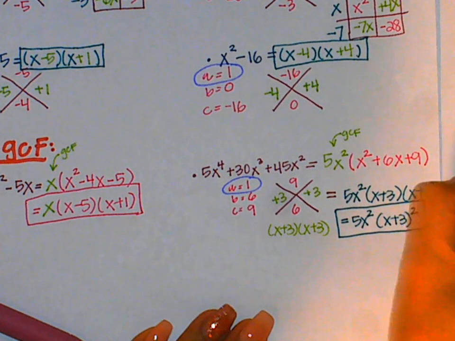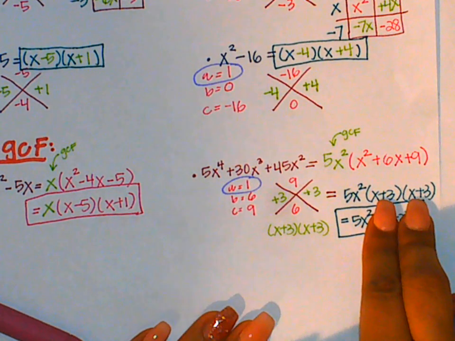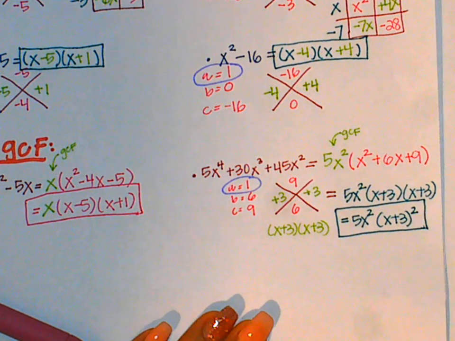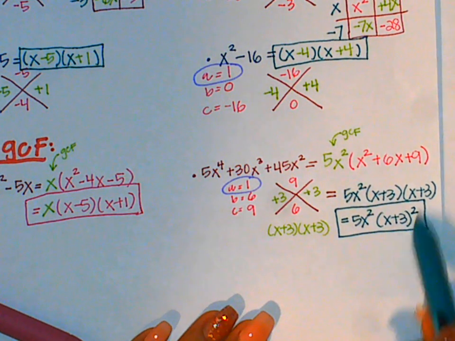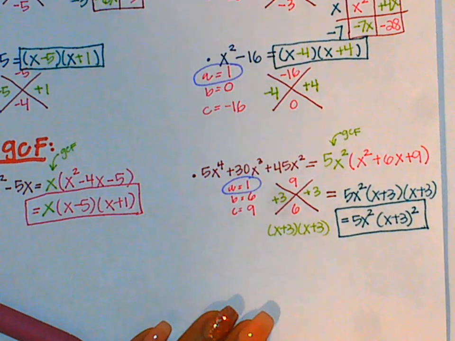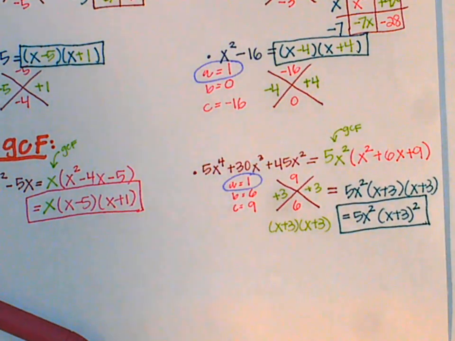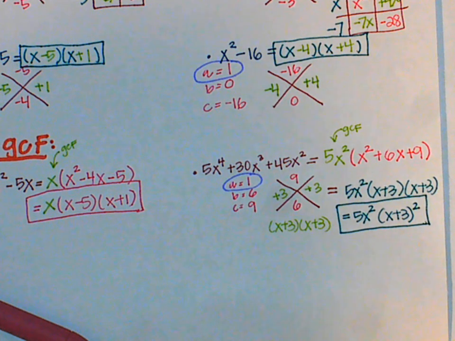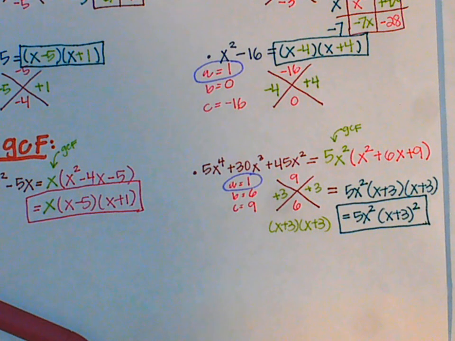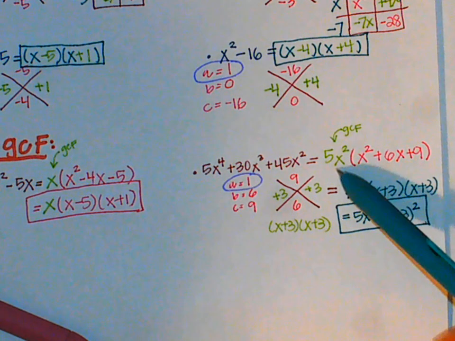When you have the same thing, you can condense it and put a square. For example, if I were to ask you to expand this, you would give me that. It's just a lot shorter to write it this way. And that is factoring using GCF. The first thing you want to do is look for a greatest common factor if you have it and pull that out.